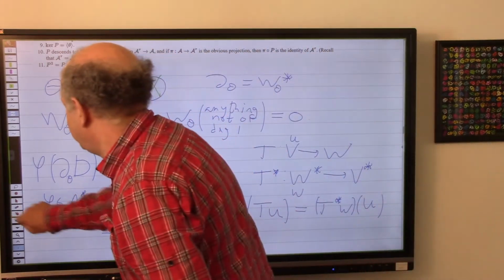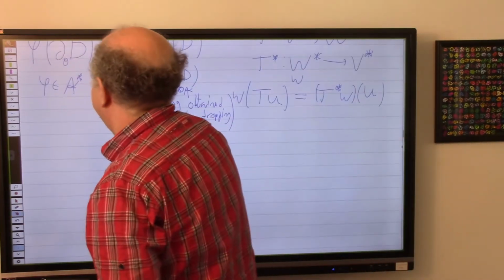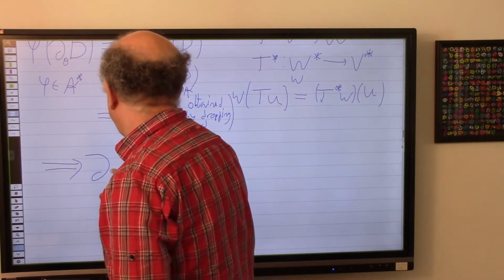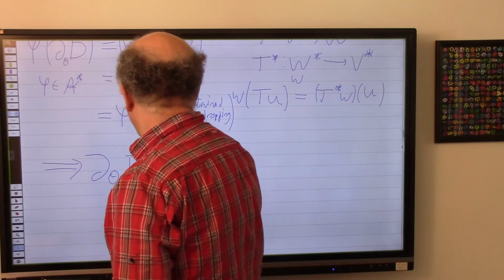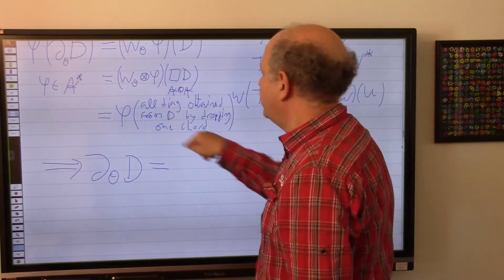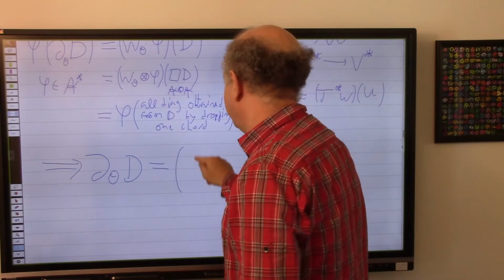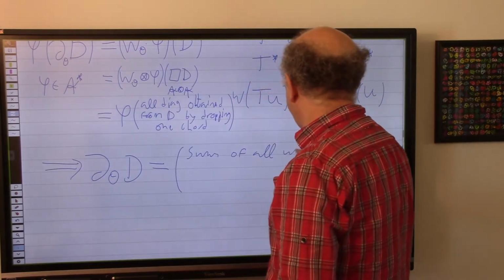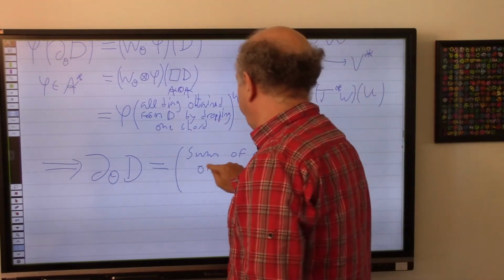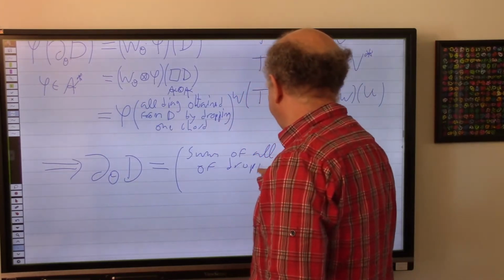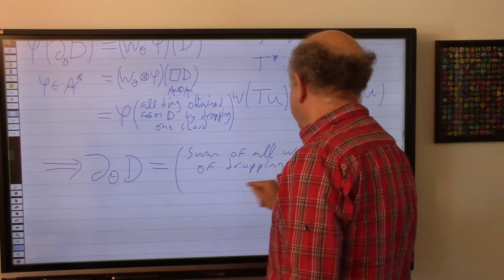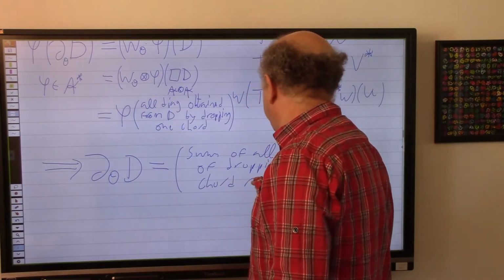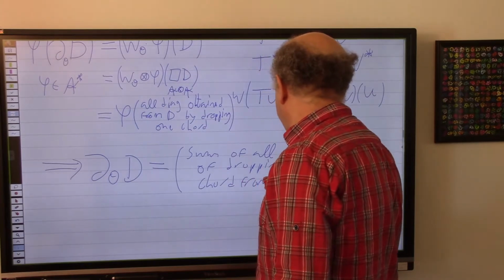So the conclusion is that d theta of d is equal to the sum of all ways of dropping one chord from D.